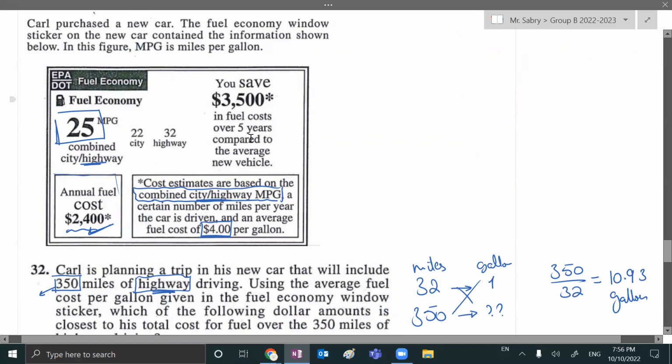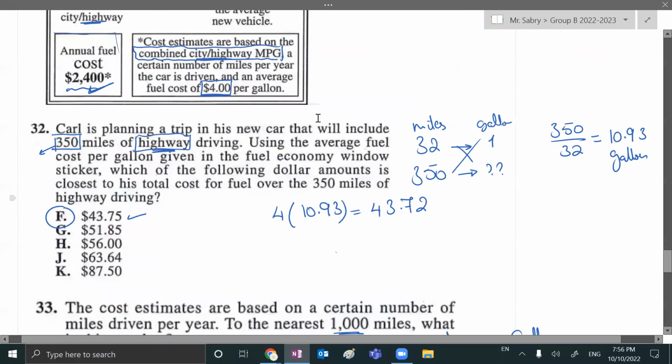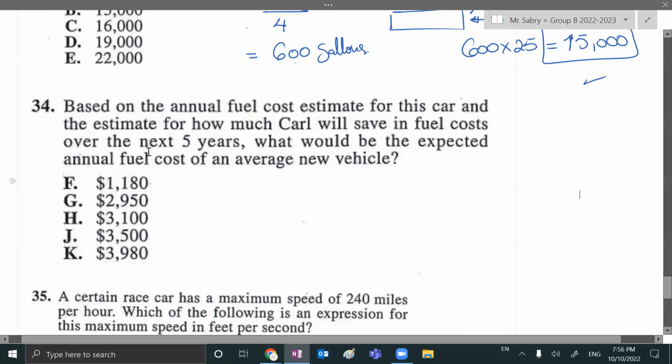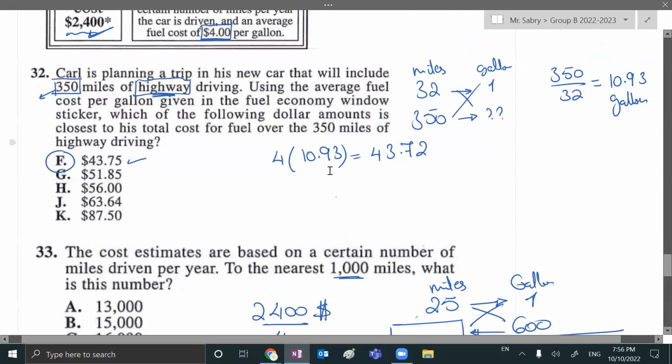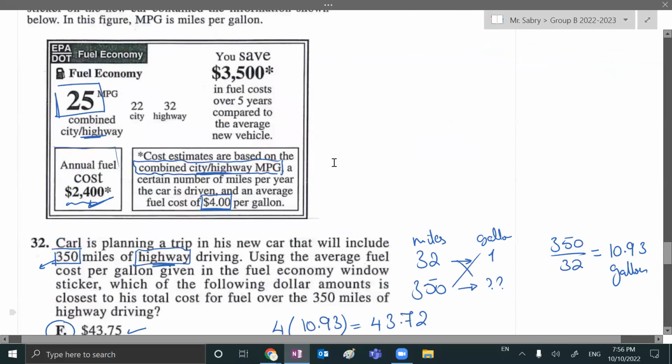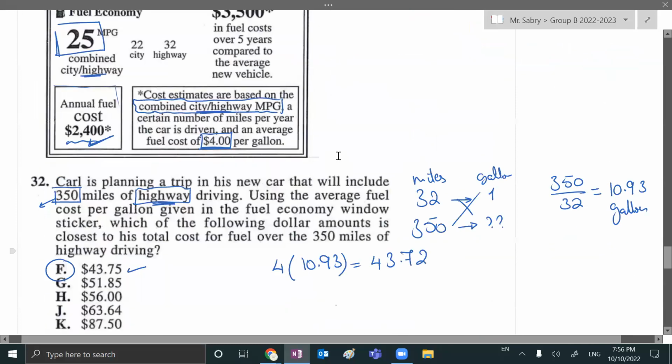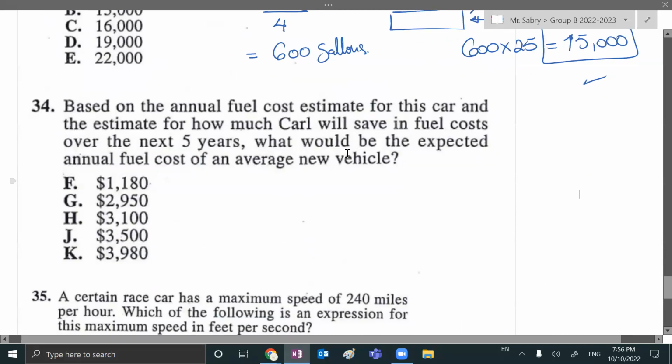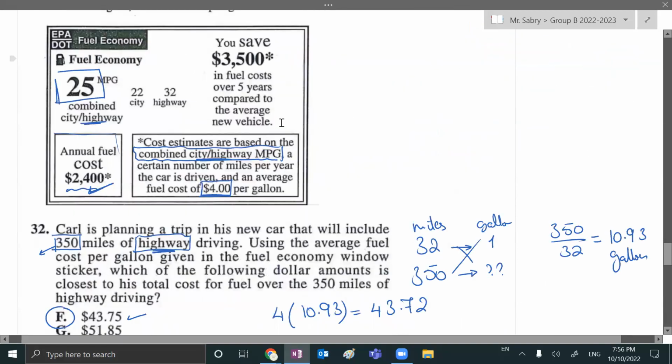And this is compared to the average. You save $3,500 in fuel costs over 5 years compared to the average new vehicle. And they're here asking for the annual cost of the average new vehicle, of the normal vehicles, not this one. So if you've saved $3,500 over the cost of 5 years, what exactly are you supposed to pay for the first 5 years if you're using this car?